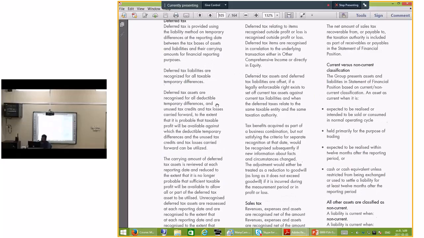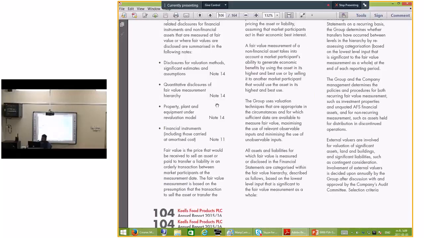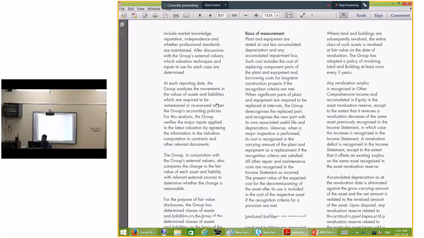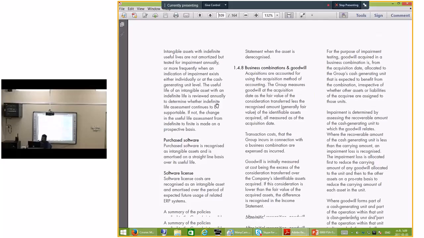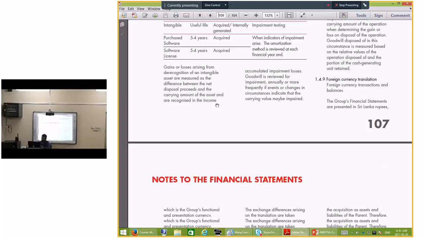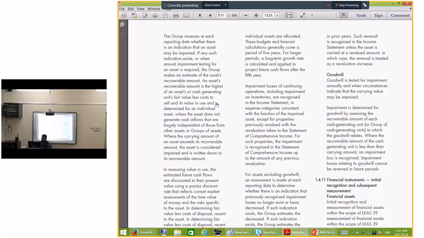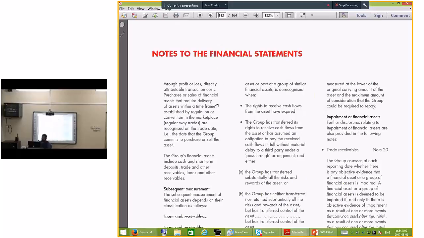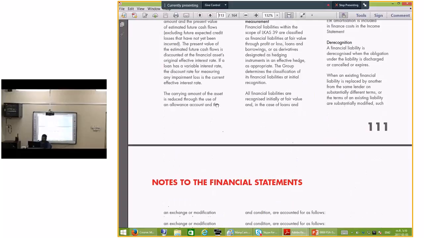You can see the details, how many pages are allocated for financial statements out of 164 pages of this annual report. Then you can clearly understand the weight of the financial statement in this annual report.